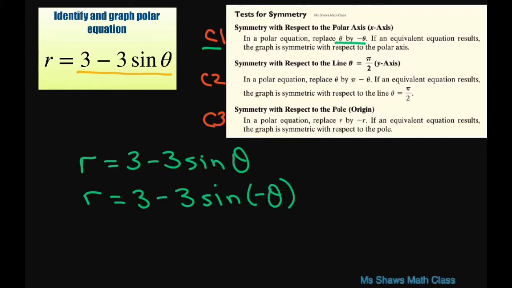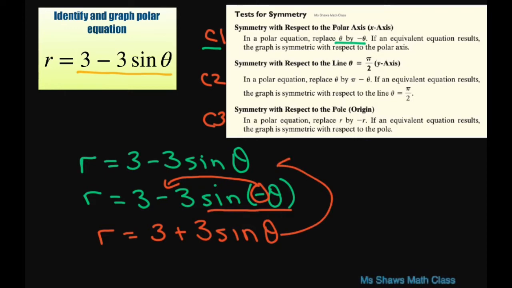However, you know that sine is an odd function. That means we're going to bring this negative out front, and because you have two negatives, that's going to end up being 3 plus 3 sine of theta. Since these are not equivalent, it's not symmetric to the polar axis, i.e. the x-axis. So let's go to condition 2.